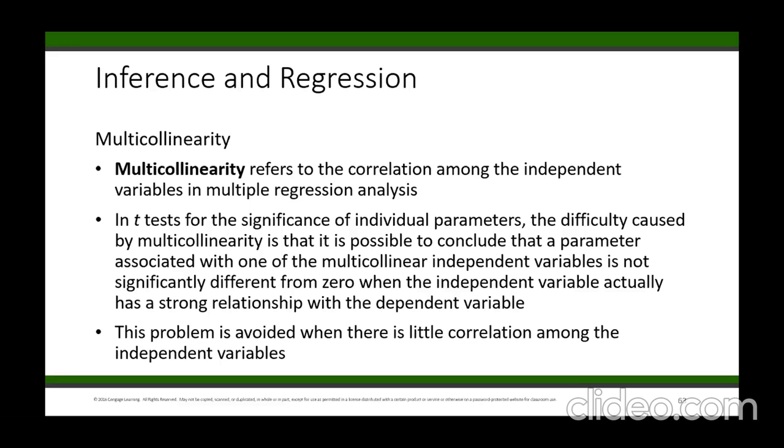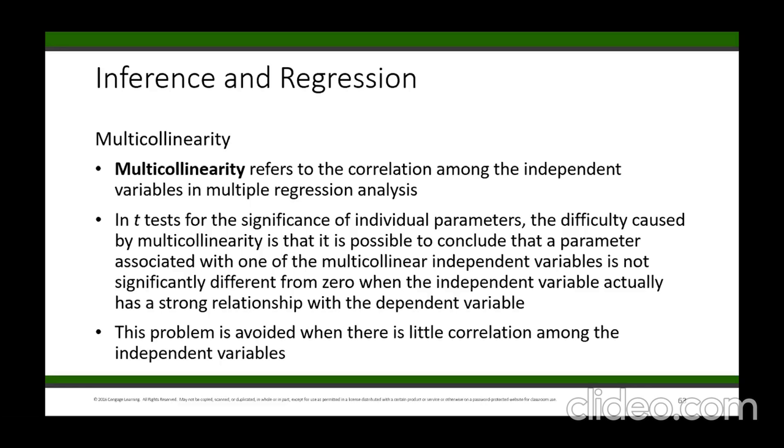But generally speaking, we need to check the correlations. If correlations are above 0.7, that would be a case of multicollinearity. Multicollinearity exists if the correlation between any two of the independent variables is above 0.7.